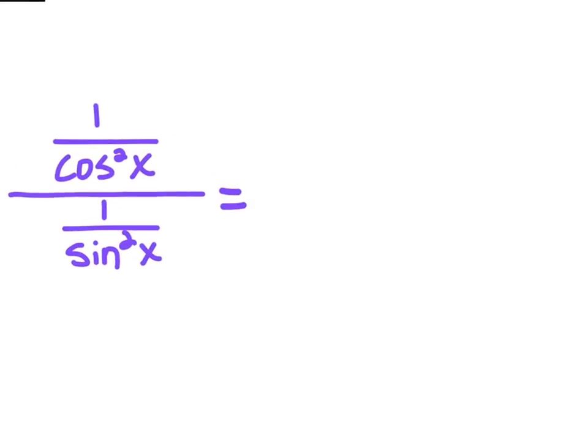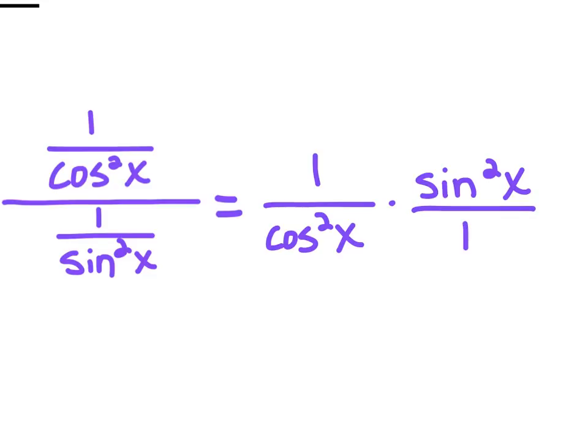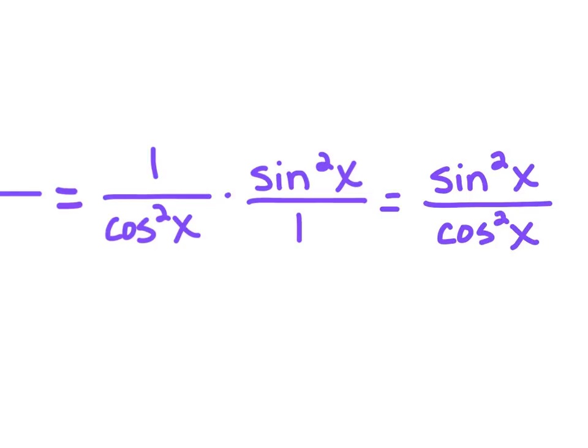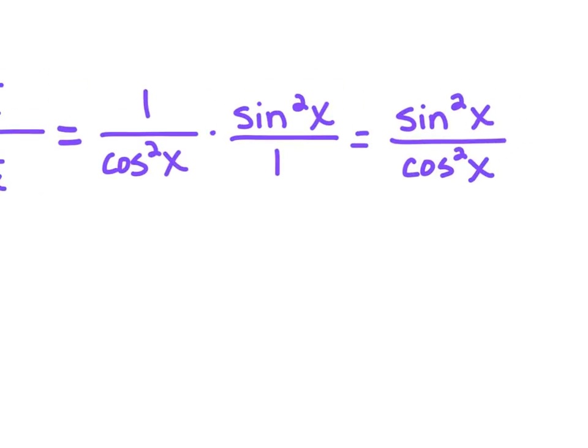And so I have 1 over cosine squared times sine squared of x over 1. And that whole thing is equal to sine squared of x over cosine squared of x. And all of that is equal to tangent squared of x.